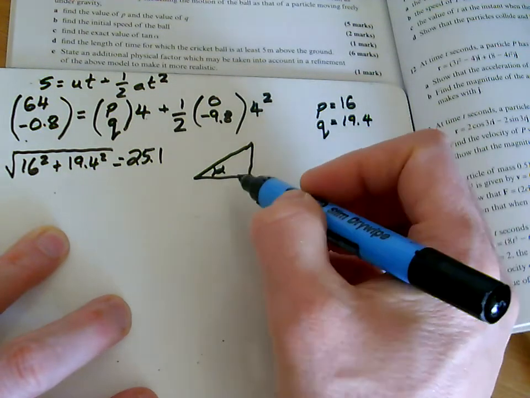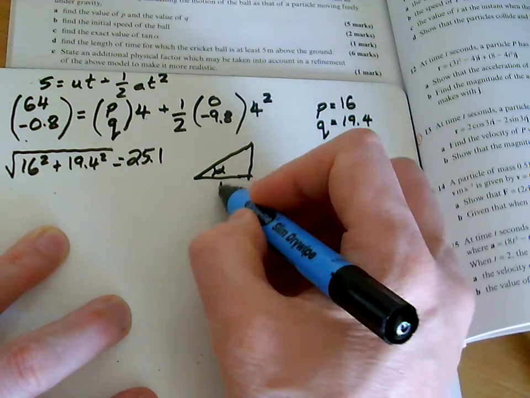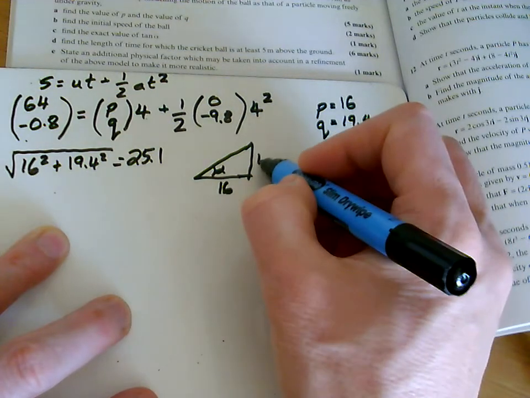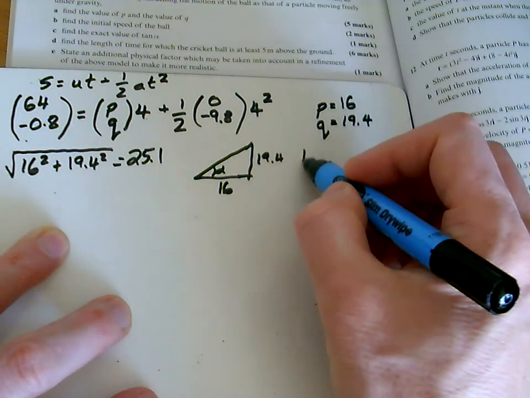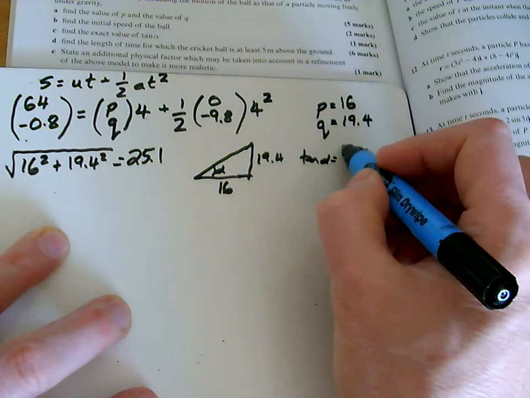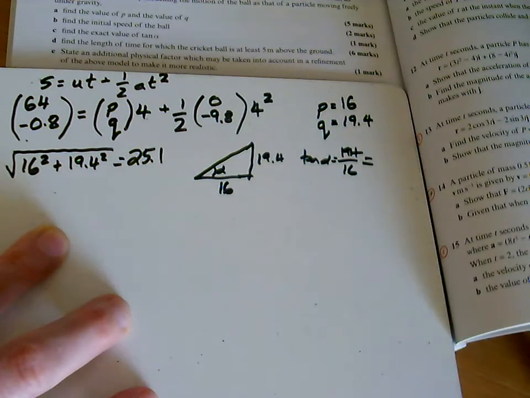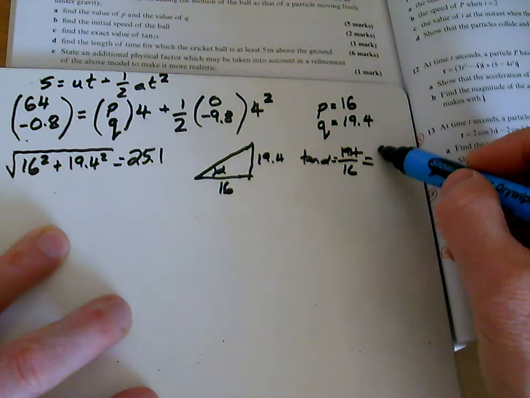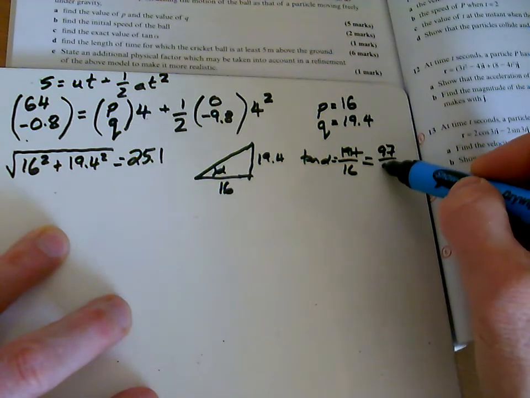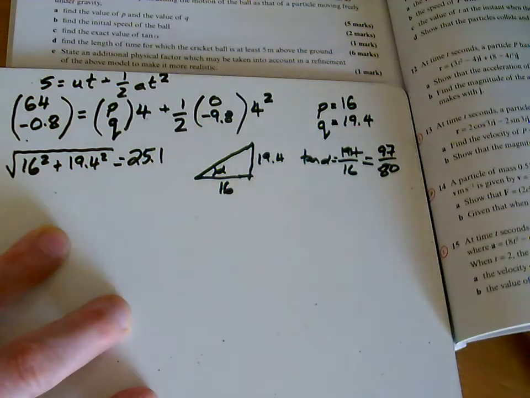We now know that P along is 16 and up is 19.4. And so the tan of alpha is 19.4 over 16. And we could just cancel that down a tiny bit to make it look a bit nicer. It's 97 over 80.